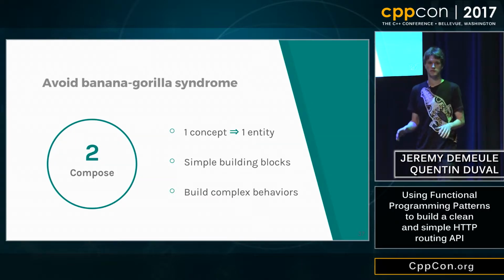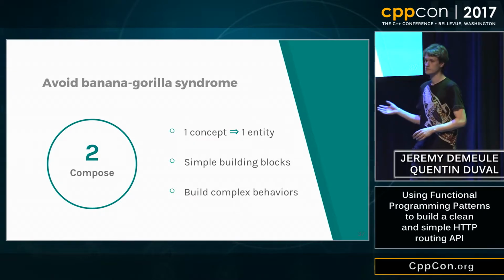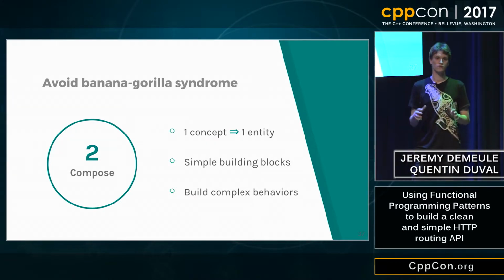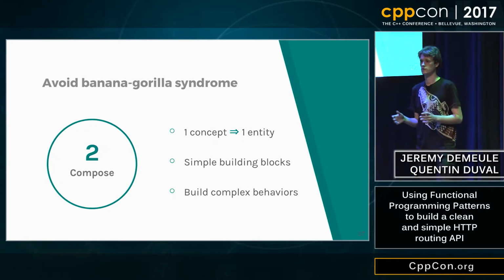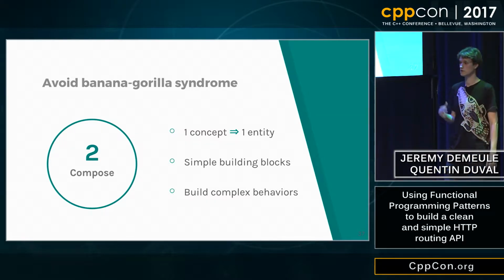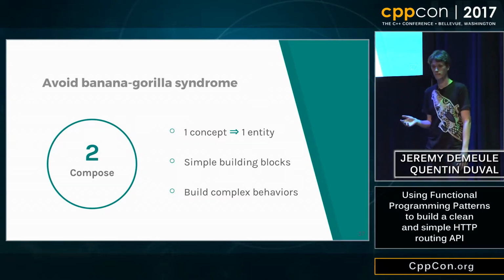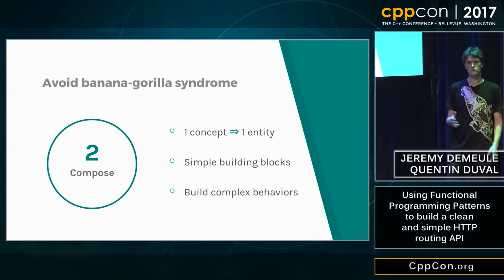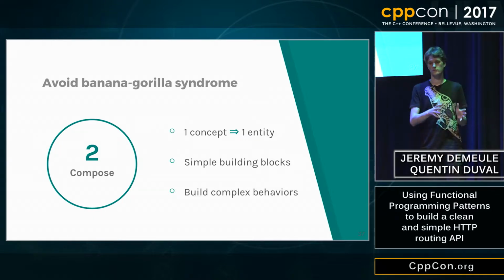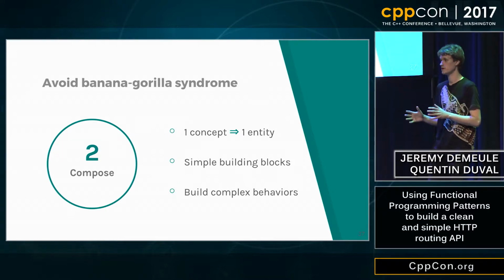So that's the first idea. The second idea is composition. We really would like to avoid the phenomenon that we had before, which is the gorilla banana syndrome. So we'll try really hard again to translate each of our concepts into one separate entity in the code. We don't mix them together inside a class.